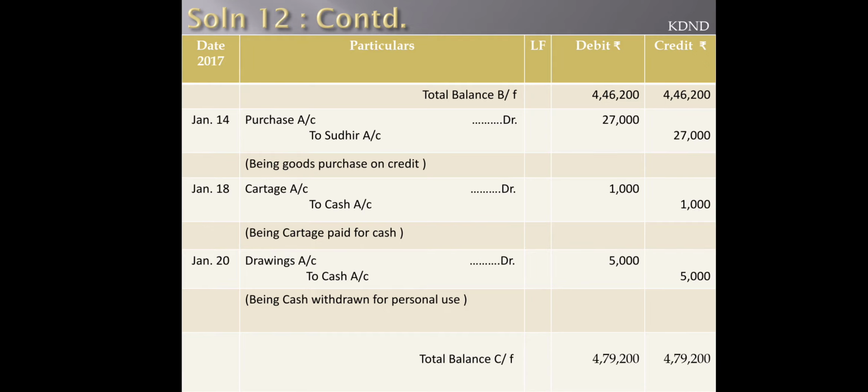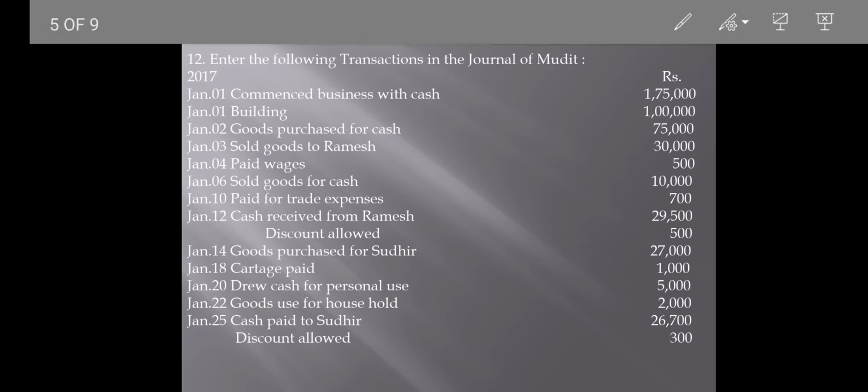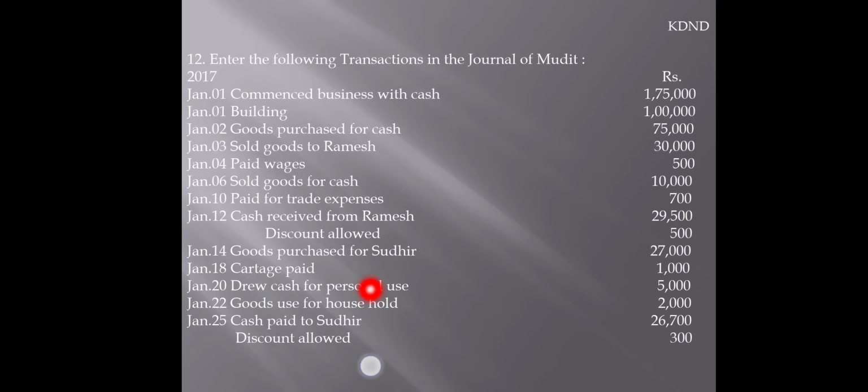And then comes your next, January 22, goods used for household. Goods are used for household, meaning we are utilizing some goods from the shop for our personal purposes.